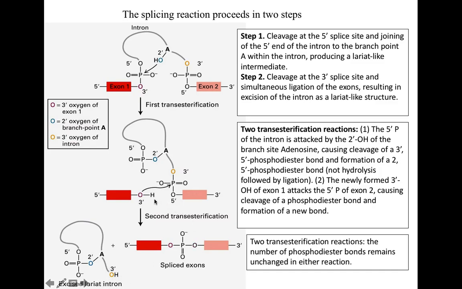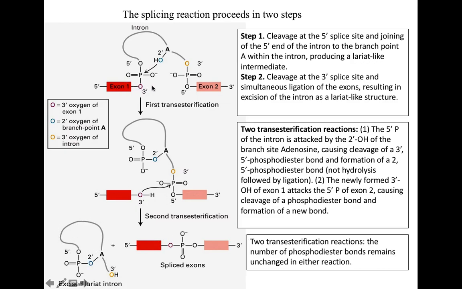While here, the attack of the hydroxyl group from exon 1 on the phosphate group of exon 2 leads to the formation of a normal 3', 5' phosphodiester bond. So this is the 5' end and this is the 3' end. A regular 5', 3' phosphodiester bond is established between the two exons, and that's how the two exons are joined together. And the lariat intron has been removed.